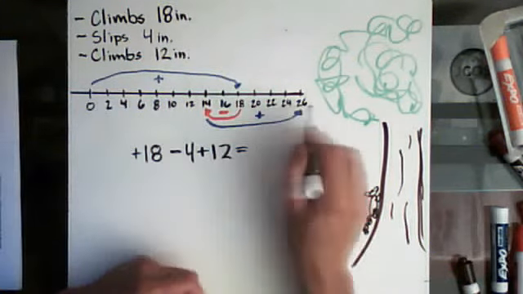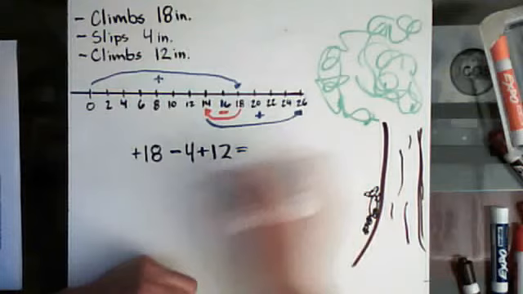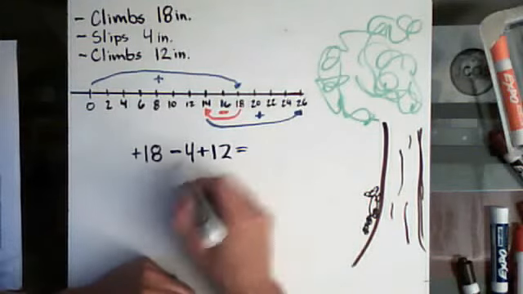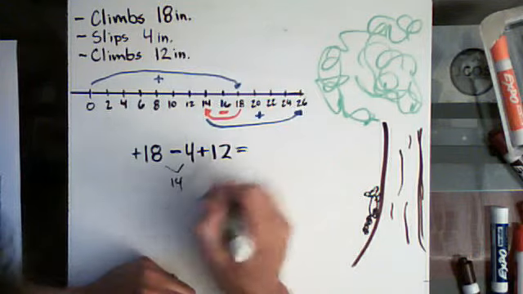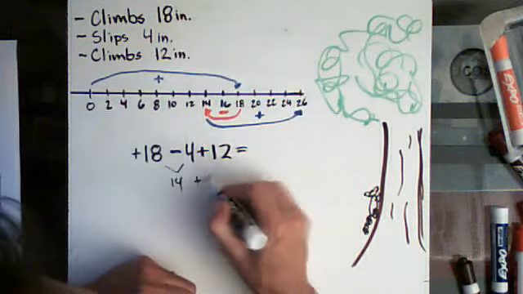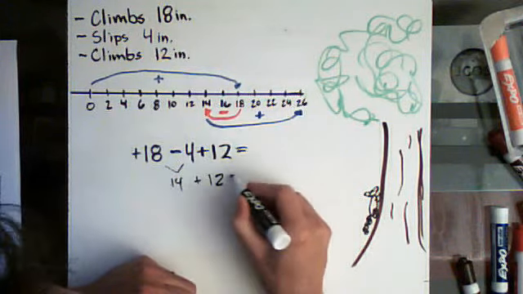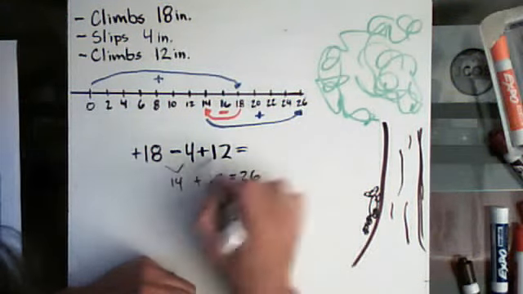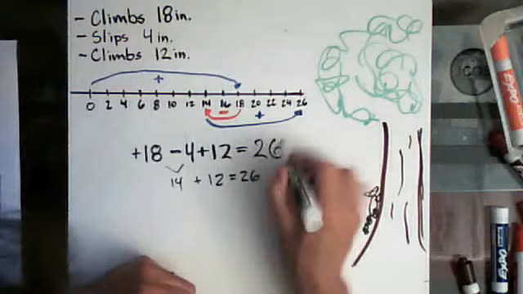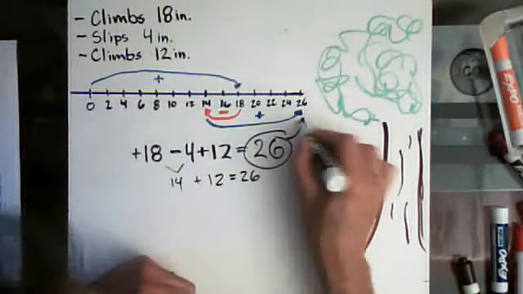And according to our number line, it should be 26, but let's think it through. 18 minus 4 gives you 14. 14 plus 12 is going to give you 26. 18 minus 4 plus 12 is 26, which is where we end up on the number line.